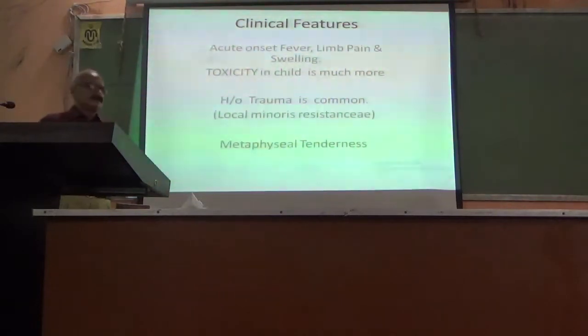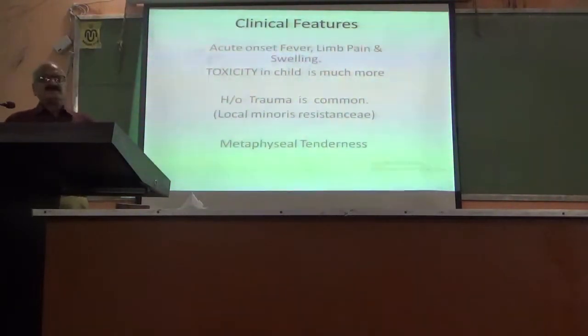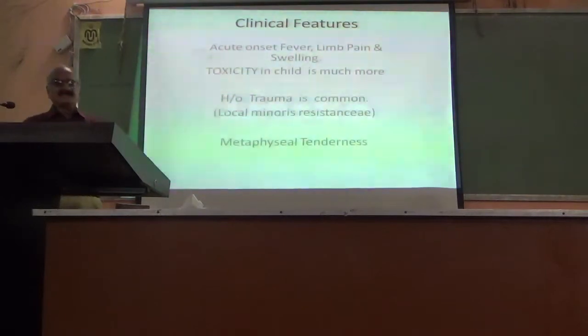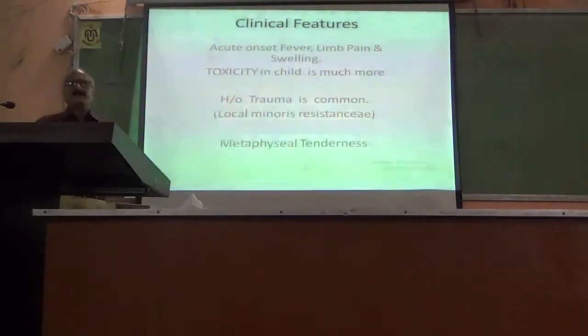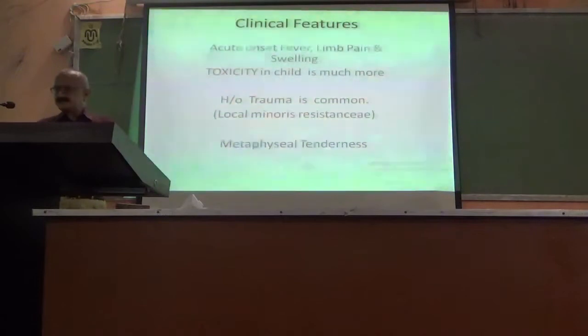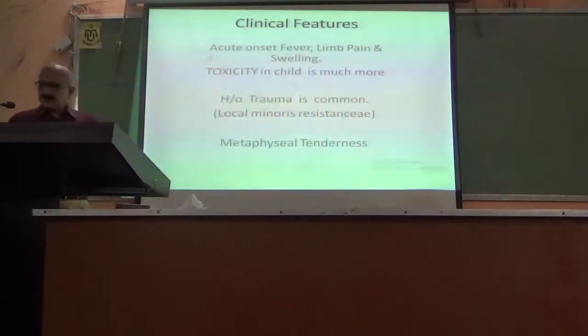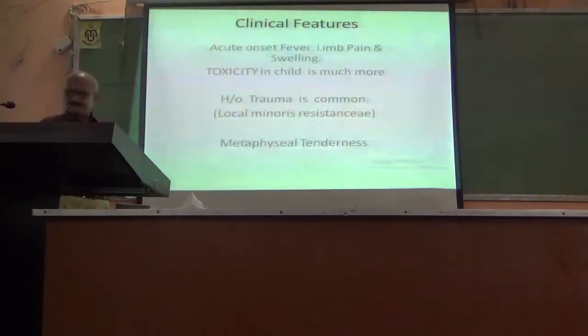Maybe after some time there is localized swelling near the joint in the metaphyseal region, and abruptly the temperature rises. This gives rise to a toxic child, usually what comes across in our practice.